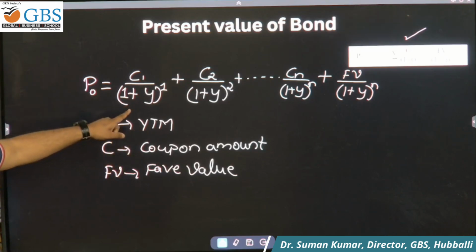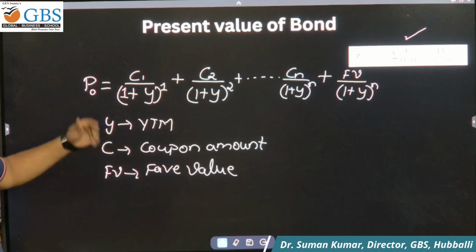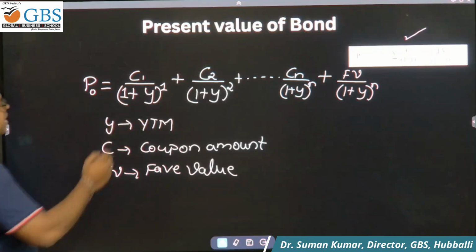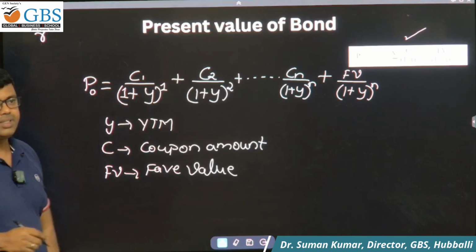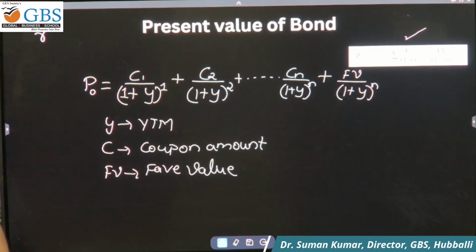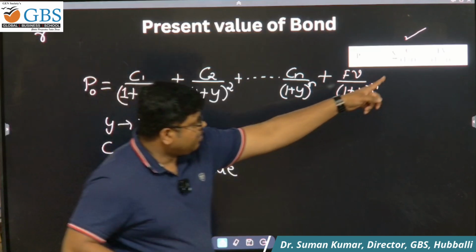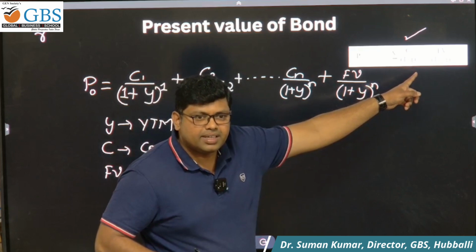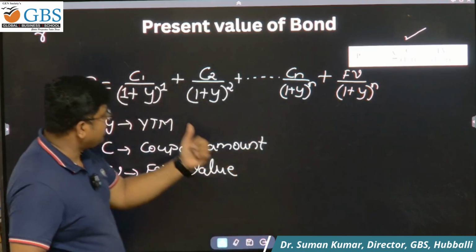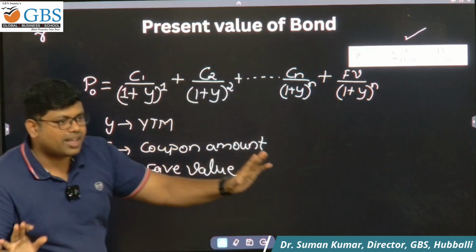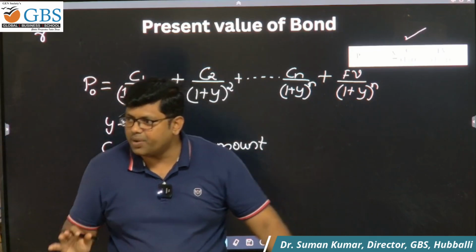Y stands for YTM. In some books, instead of Y they write R, rate, because you can see here 1 plus R. Here R means YTM, or directly you can write Y. Anything is okay. Clear? Any doubt?